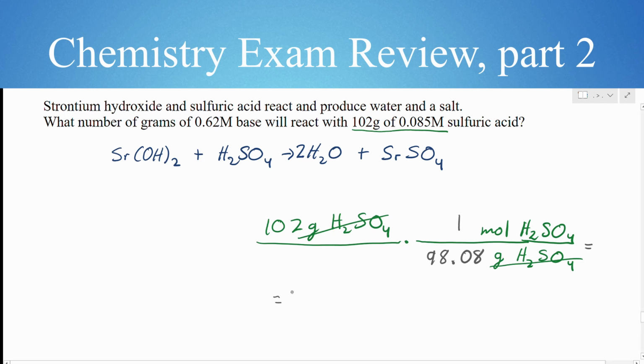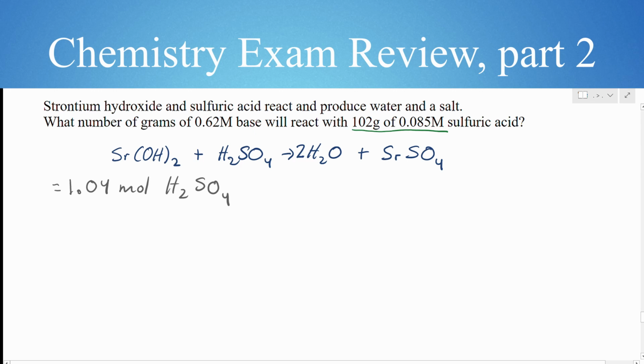The number of moles here will be equal to 1.04 moles of sulfuric acid. Now that we know the number of moles of acid that reacted, we can use the mole ratio given in the balanced equation here to find how many moles of the base would have had to react. And then once we find the moles of the base, we can find the grams of the base.